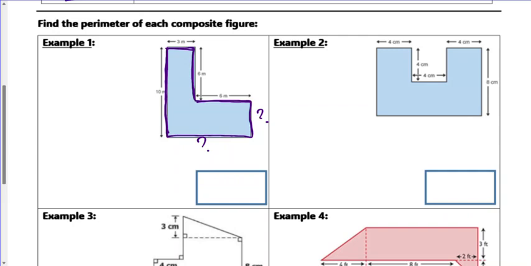Okay, so for a shape like this where it's just rectangles that are pushed together, you always want to look across from the side that you're missing. We're missing this side right now. Across from that is going to help us. So this red line goes from the bottom of that shape to here. So it's part of this 10. The rest of that 10 is coming from this side here.